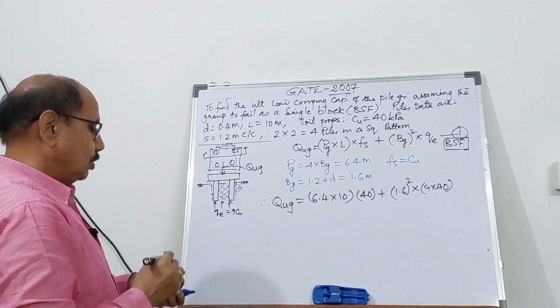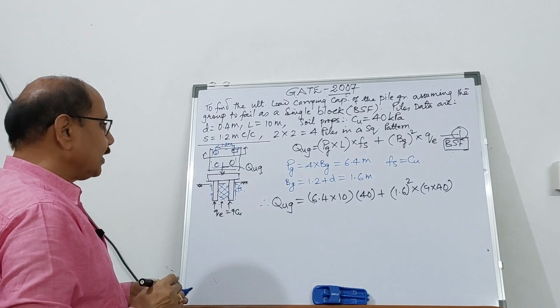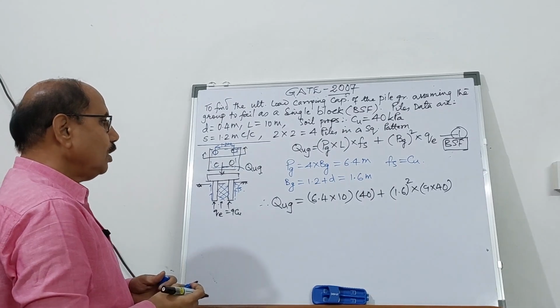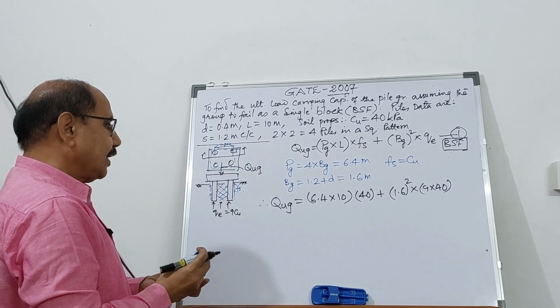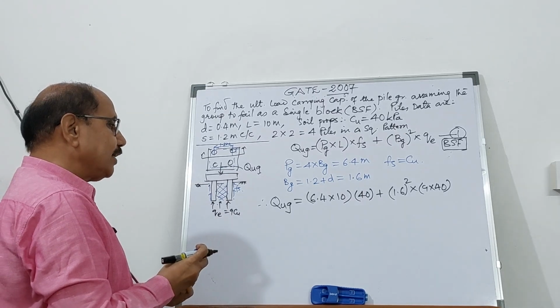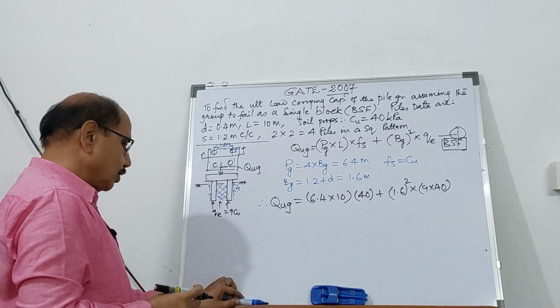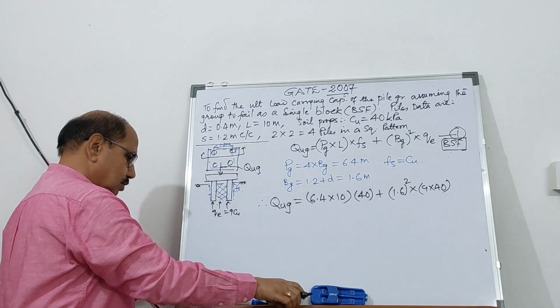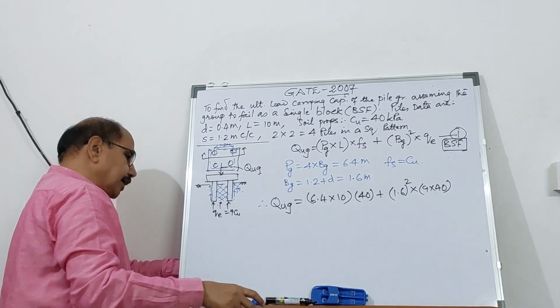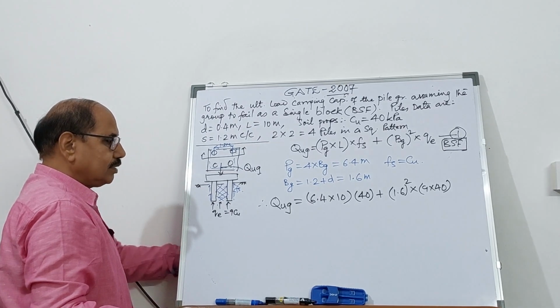So on substitution in expression 1, we get the values based on block shear failure. Let us calculate this. If I calculate, it's quite simple.